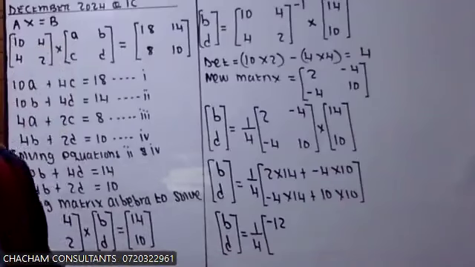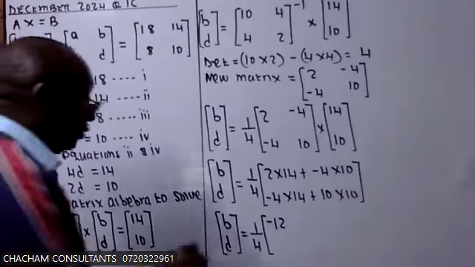Then minus 4 times 14 plus 10 times 10 is 44.